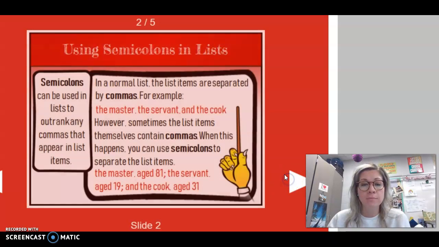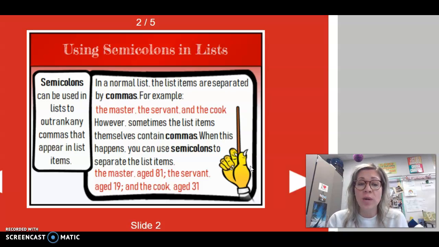So the first slide here says semicolons can be used in lists to outrank any commas that appear in list items. Basically, if you have a sentence with a lot of commas, you can use semicolons to separate the list items. Like cities and states, for example: you always put a comma between a city and a state.